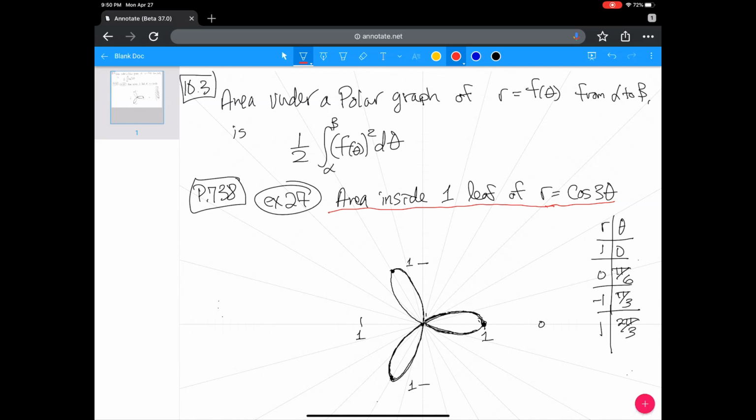So for example, this arc here that we started with, we did this part when we went from 0 to pi over 6. That gave us this part right here.